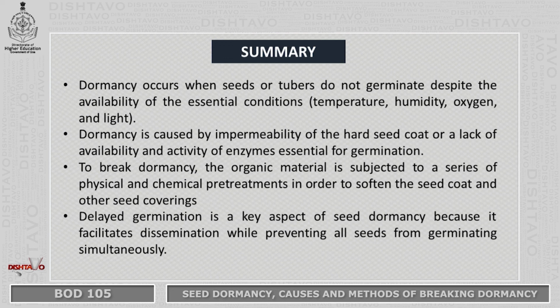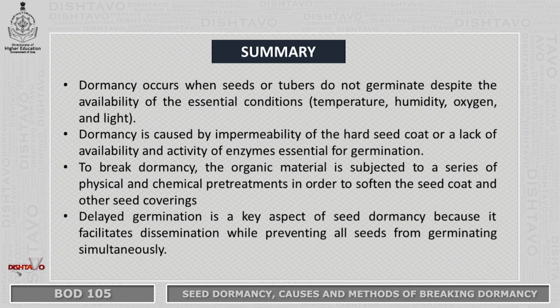Dormancy occurs when the seeds or tubers do not germinate despite the availability of essential conditions like temperature, humidity, oxygen, and light. The dormancy is caused by impermeability of the hard seed coat or a lack of availability and activity of enzymes which are crucial for germination.